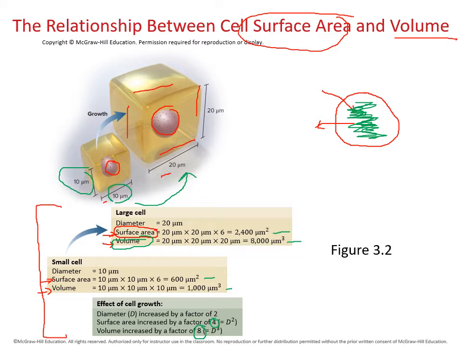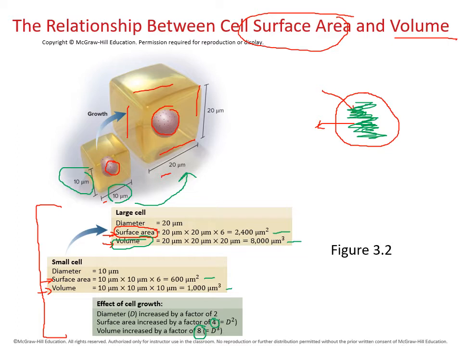The reason this is important to point out is because as the cell gets larger and its volume numbers start to skyrocket, that means that the cell has a higher need for nutrients and waste removal. However, it can't keep up with the demand of the volume because the surface area is not growing or expanding as fast as its internal workings.